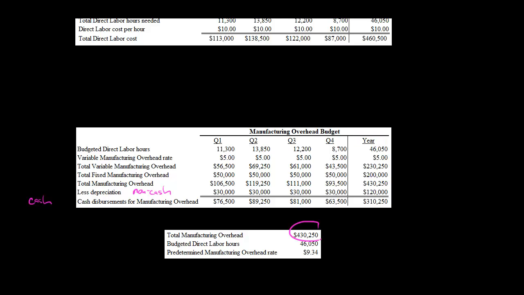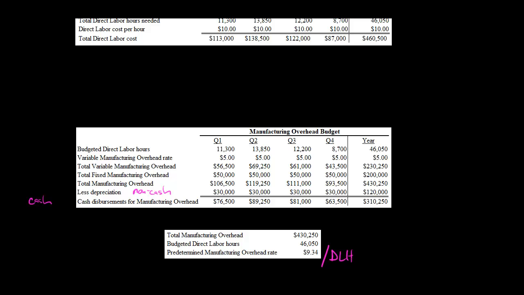So if we take that amount and we divide it by our cost driver, which is direct labor hours, and our total direct labor hours is 46,050, we get our predetermined manufacturing overhead rate. Now that rate is including fixed and variable. Okay, that's why it's different than this rate for variable. $9.34. That's per direct labor hour.